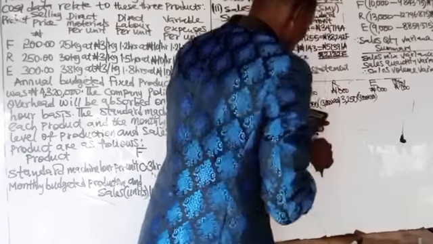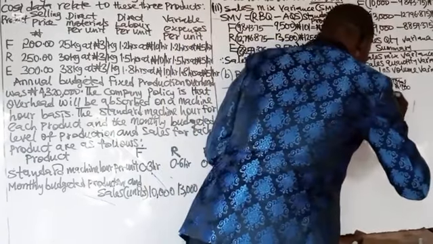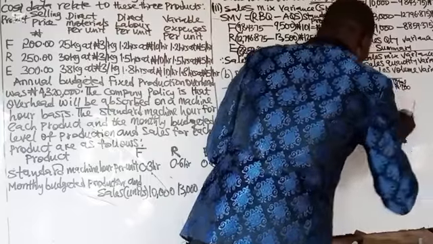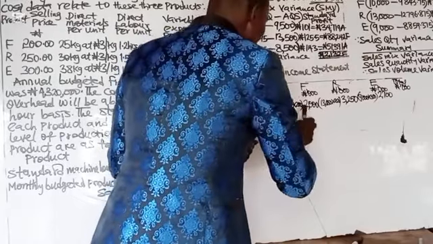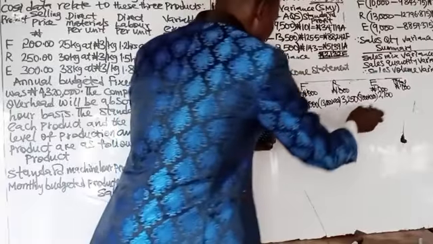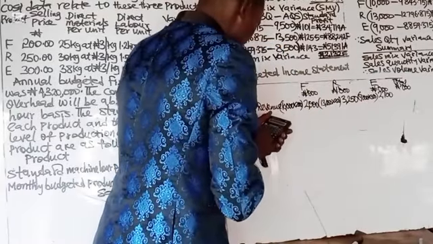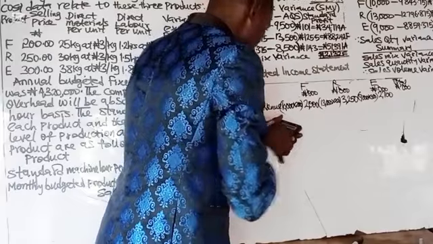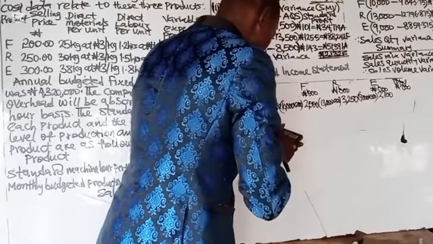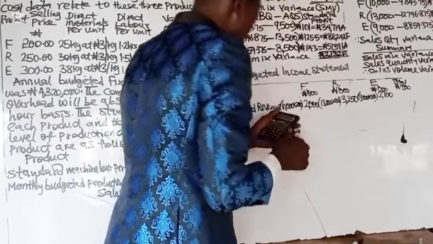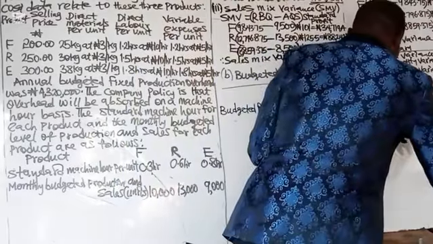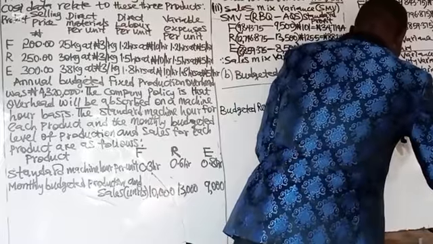That gives us 2.7 million. Now let's add the three products: 2,000,000 plus 3,250,000 is 5,250,000, plus 2.7 million gives us 7,950,000.